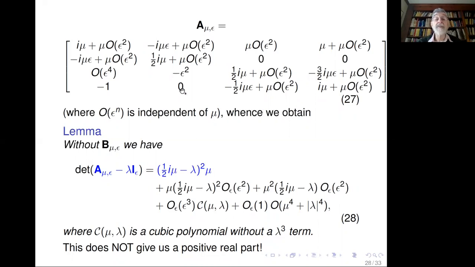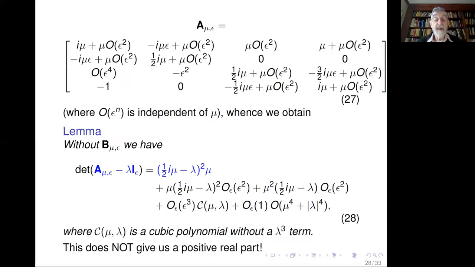It's this times this, the 2-2 entry and the 3-3 entry, which gives you this. But notice that we want to set this equal to 0 and look for lambda in the right half plane. If we set this blue thing equal to 0, we get lambda equal to 1/2 i mu, which is imaginary. It's not what we want.